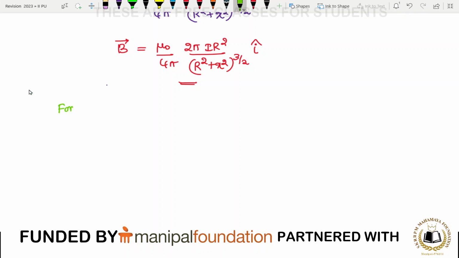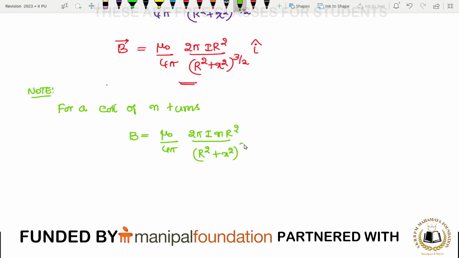note, this is actually a note. For a coil of n turns, I can write B is equal to mu naught by 4 pi, 2 pi I n R square divided by R square plus x square to the power 3 by 2.